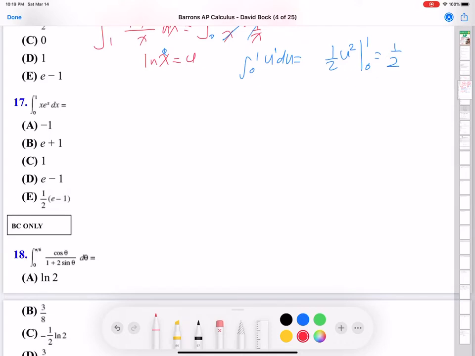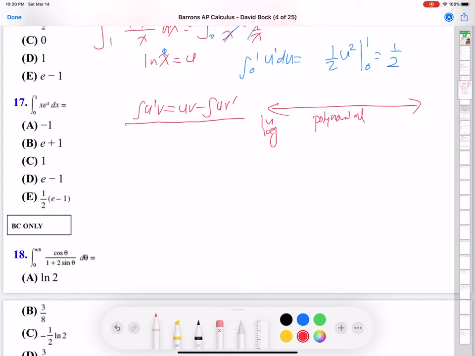Integral u prime v is equal to uv minus integral uv prime. That's my formula for integration by parts. Then I gave you the number line. The very left side is ln or log. And the middle is a polynomial.